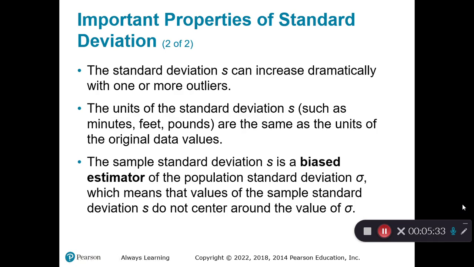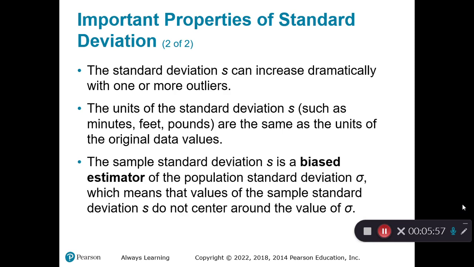The standard deviation s can increase dramatically with one or more outliers. I think there's a simpler way for us to say this. Standard deviation is not resistant. It is susceptible. It is easily influenced by extreme values. And I think this makes sense because standard deviation uses the mean, which itself is not resistant.